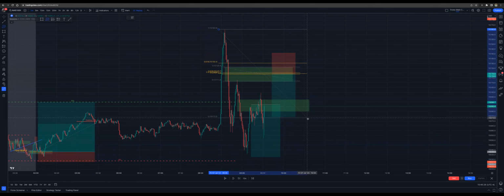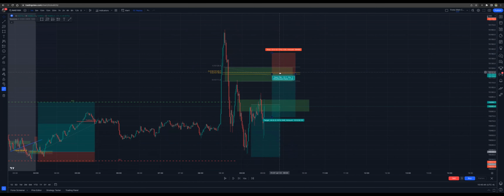So if I was to look at this entire move, this first move right here, this fair value gap basically aligns up with the 0.5 and 0.618, meaning we're getting a great retracement, a great discount on price if price was to retrace up into this area.